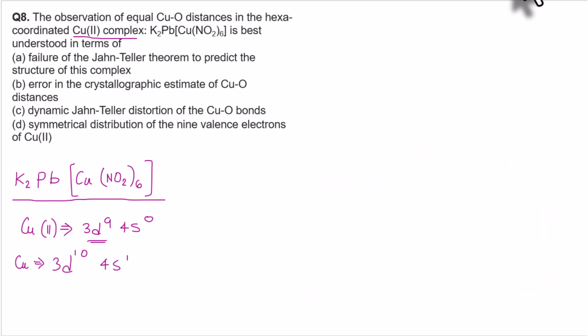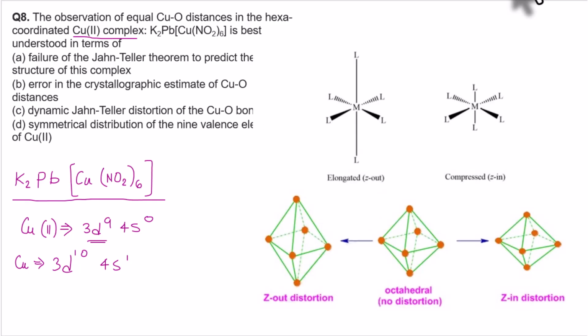And if Jahn-Teller distortion occurs, then any of these bonds in the octahedral complexes, mostly the axial bonds, are either elongated or shortened. You can recall the z-out and z-in situation if you read the theoretical aspects of Jahn-Teller distortion.